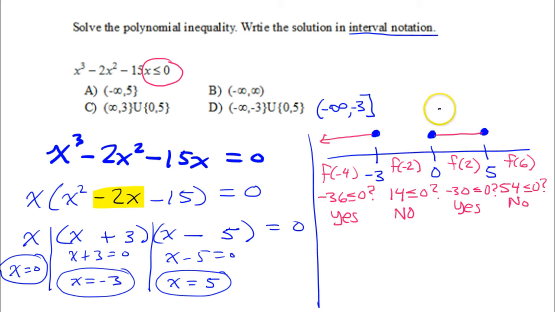From 0 to 5, we have solutions. So 0 to 5, bracket, bracket. A bracket means the same as a closed circle. It means included. Whenever you have two parts to your interval, you're going to put a union between them to join them as one answer.